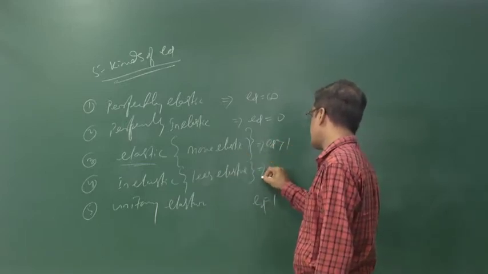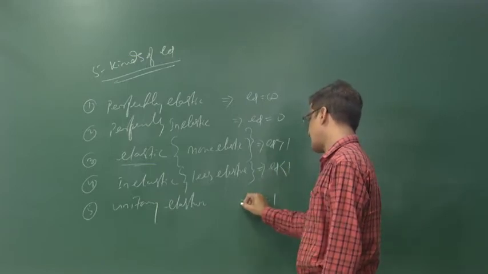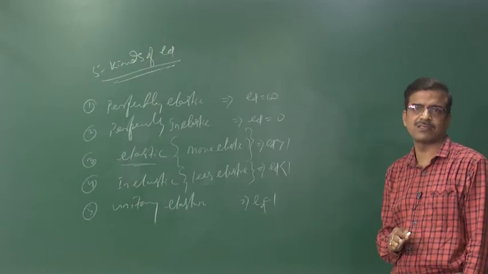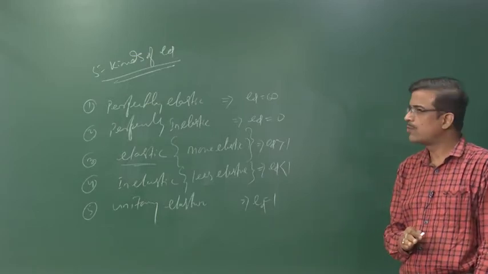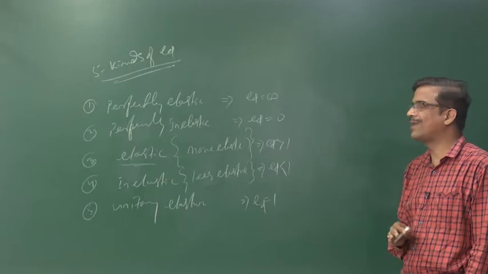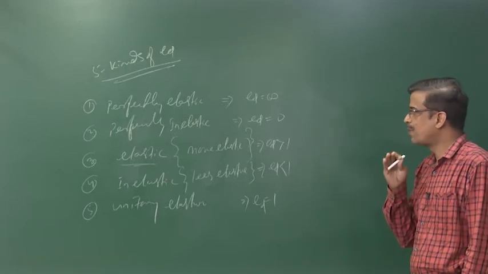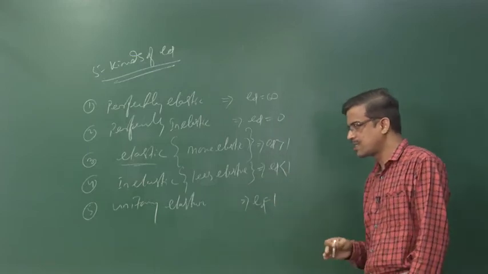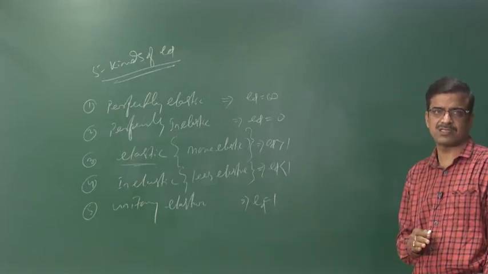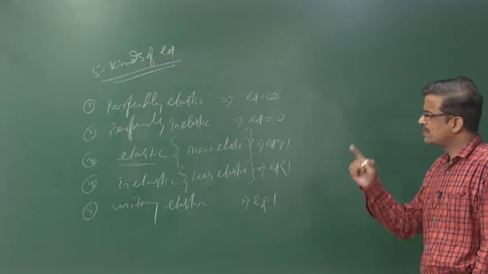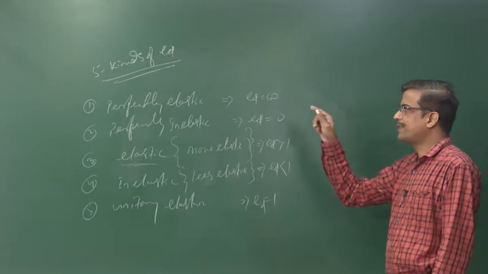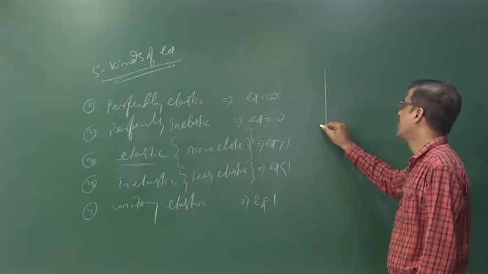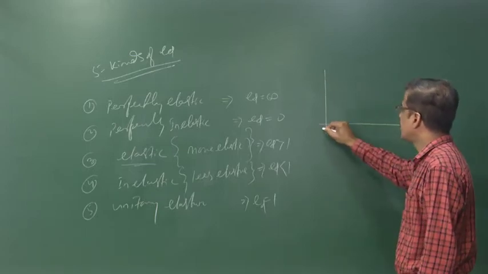If it is less elastic, elasticity of demand is less than 1. So, these are the 5 different notations of elasticity of demand: perfectly elastic, perfectly inelastic, more elastic, less elastic, and unitary elasticity of demand. Let us start one by one. If it is perfectly elastic, the demand curve is a horizontal straight line.